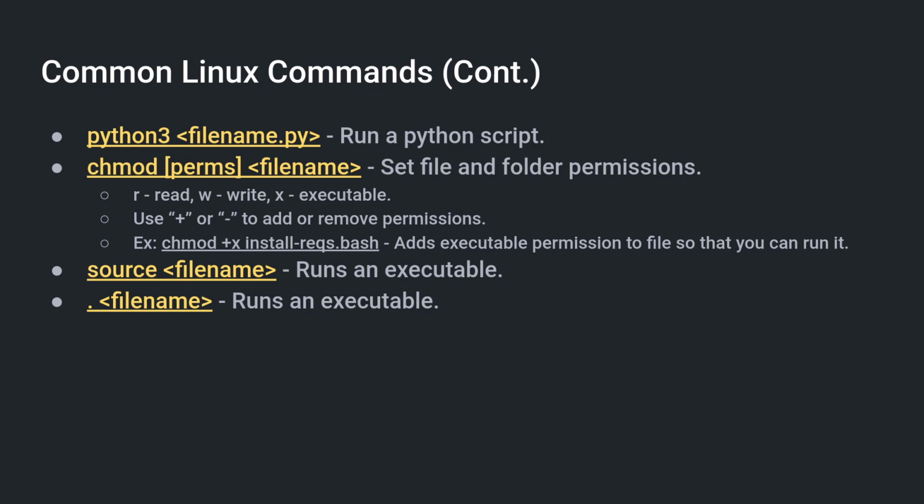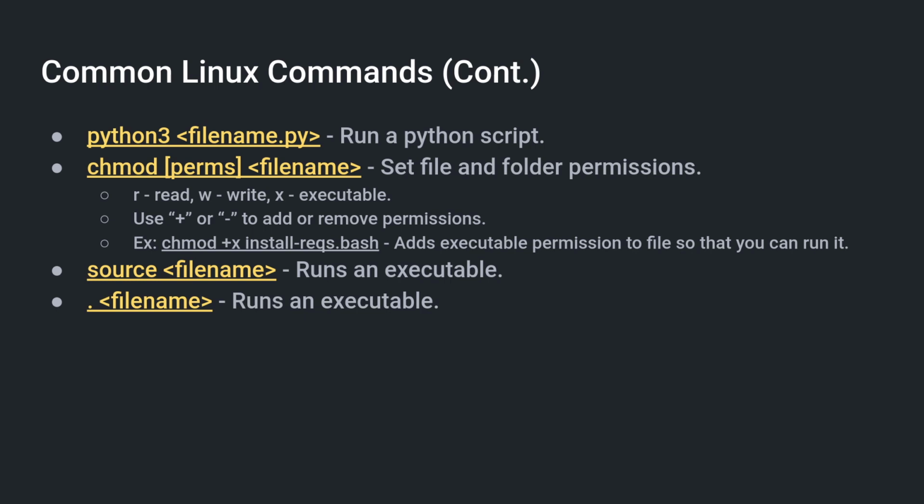And so right from the get-go, the bash file may not contain executable permissions. So when you try to run it, it won't allow you to. So you would have to do chmod +x and then your bash file name, and that would give it permissions, and then you could execute the file.